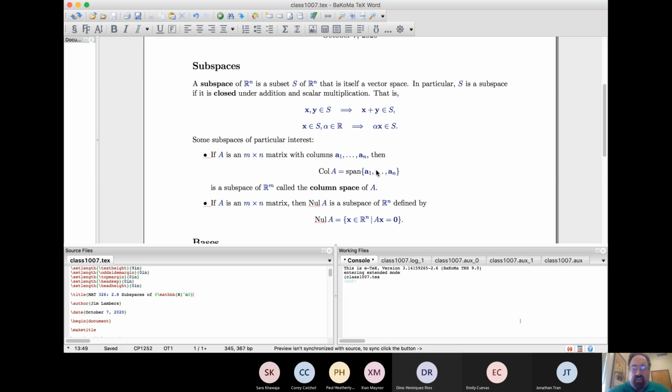The column space is just taking all possible linear combinations of those columns, and this is the abbreviation, col A. Now, A is an m by n matrix, so it has m rows. So each one of these columns is a vector in Rm. So the column space, even though we're taking linear combinations of n columns, is a subspace of Rm because that's how many elements each one of these vectors has.